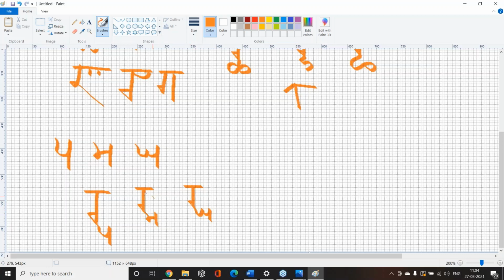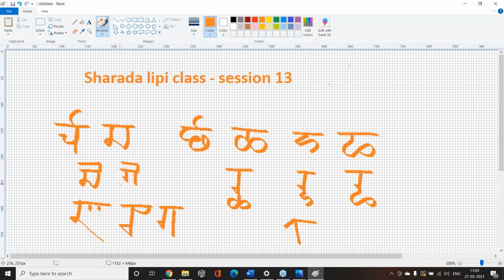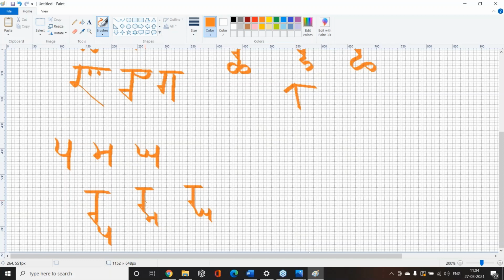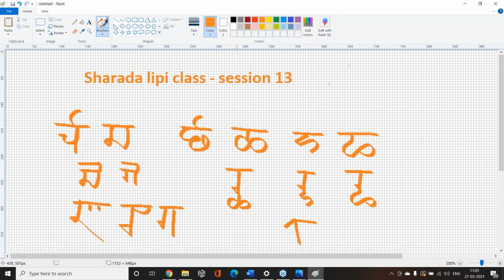So only the letters that are touching the Shirorekha twice or thrice or more than once would be written this way. Rest all would be written with ra complete, and the letter would be written either below if it is a category A, or right or left, depending on which category the letter belongs to. So this was about the matra ra.